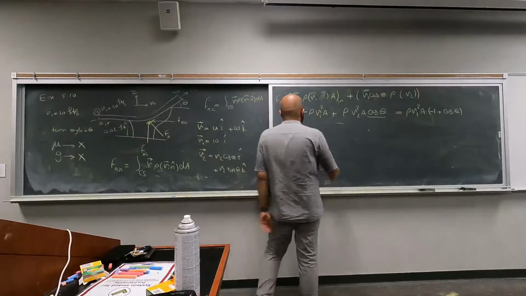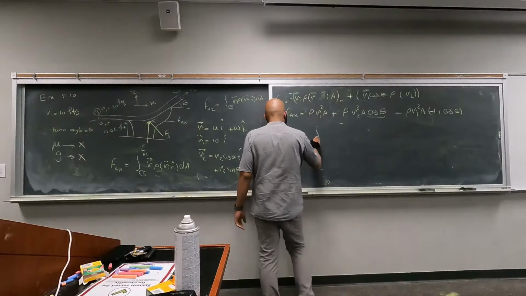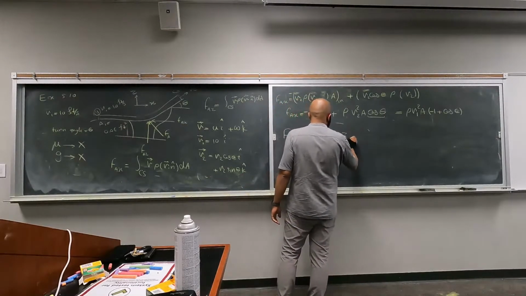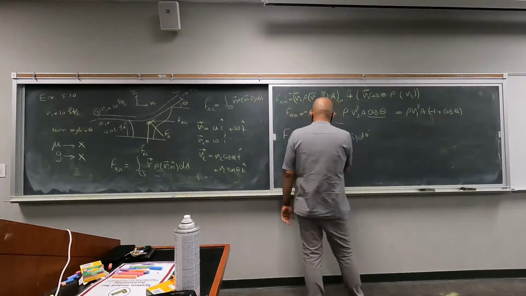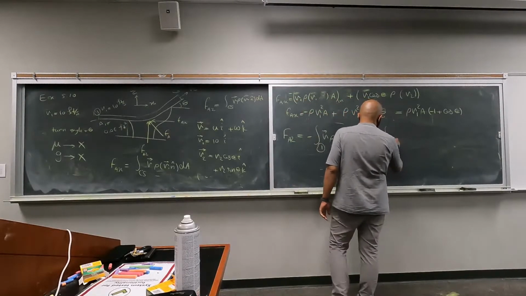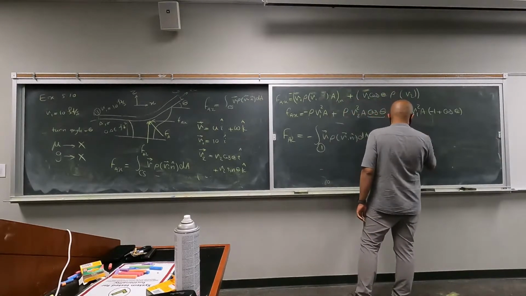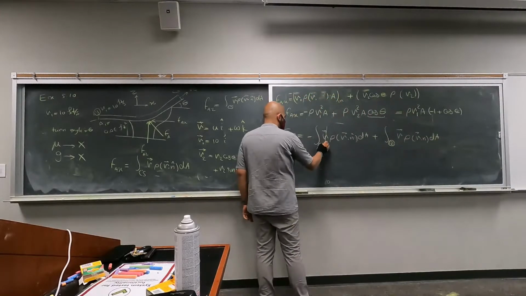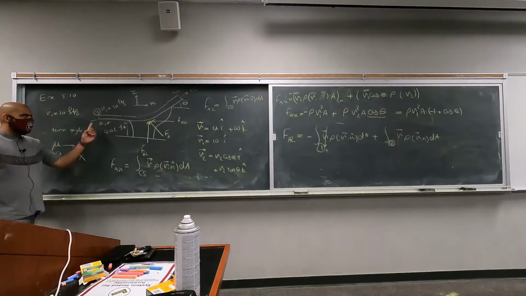So let's actually write the two integrals. Integral of v rho vn dA on surface 1, negative sign, plus the integral of v rho vn dA on surface 2. This is 0 because flow is not moving in the z direction on surface 1.